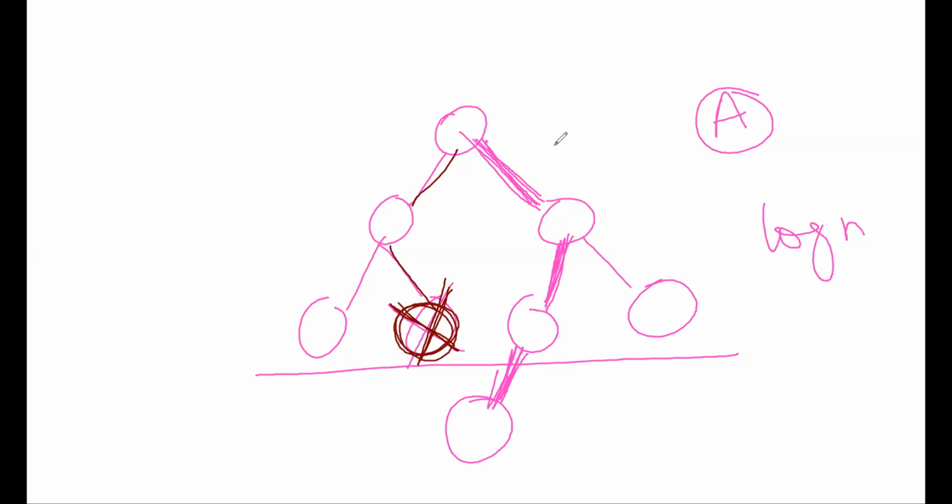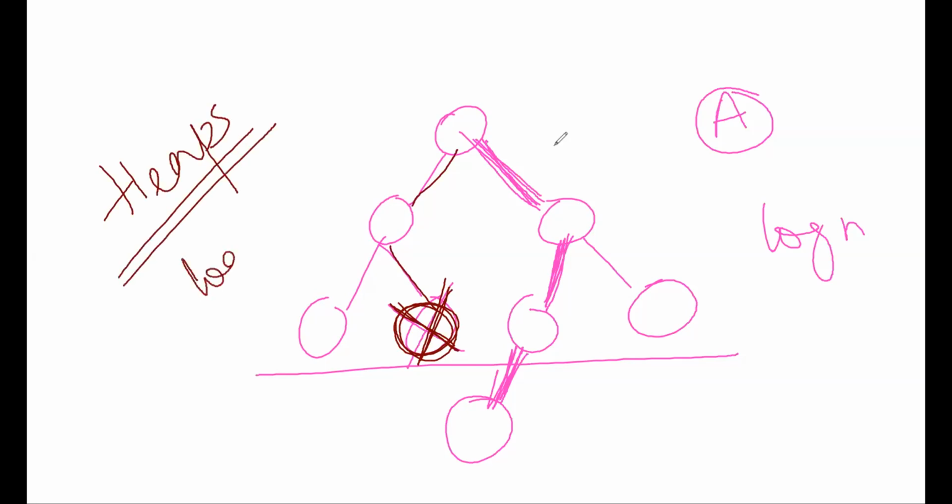If you remember your heaps, a heap is a complete binary tree, so any percolate up or down will just travel across from root to the leaf or leaf to the root. The maximum time it will use is equal to the height of the tree, which is log n. That's why heap is supposed to be faster in terms of its runtime.